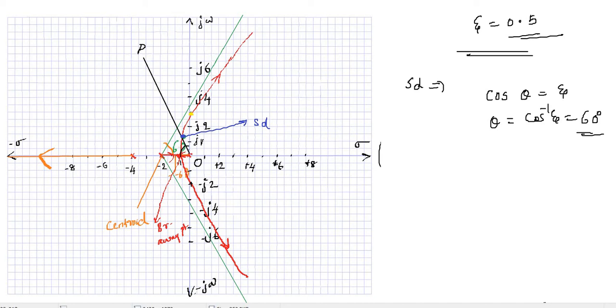So mark all the straight lines corresponding to each pole. This is the first straight line, this is the second, and this is the third one.